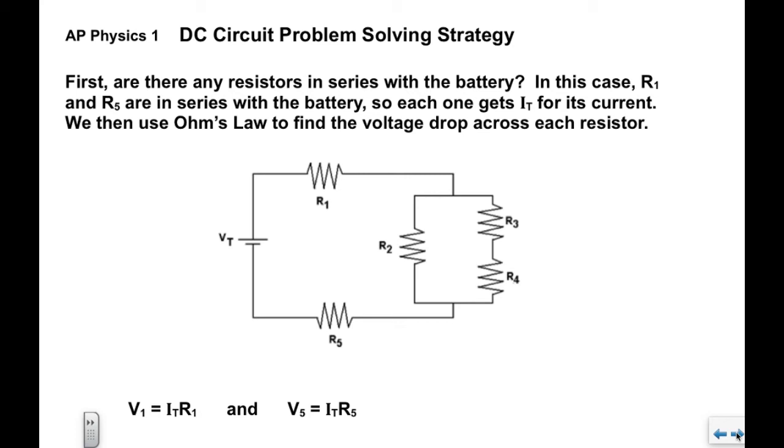So whatever we get for IT is also the current through R1 and the current through R5. So then we can use the current in each individual resistor. We use Ohm's law to find the voltage drop across each one. So in other words, the voltage drop across R1, V1, equals IT times R1, and V5, or the voltage drop across R5, equals IT R5.